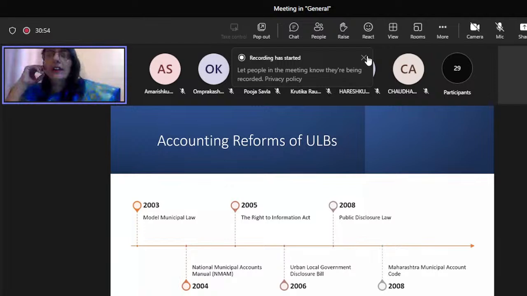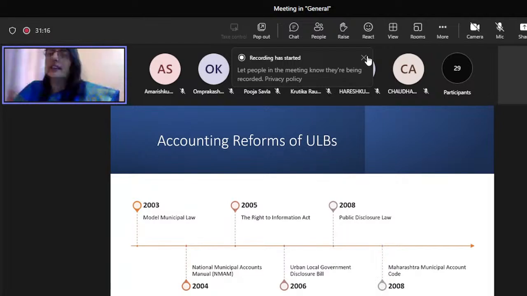When we do research, there is primary data and secondary data, and it is very difficult to get secondary data from the councils. So I did a survey and visited all these municipal councils, and I came to know of a lot of challenges that these small councils and municipalities are facing.